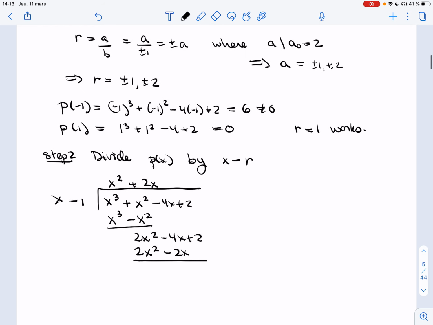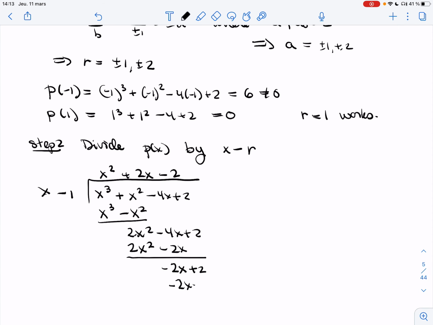I'm going to get minus 2x plus 2 left. I subtract minus 2x plus 2 and get a 0. So as predicted, it actually divides, and the remainder is 0. And so what we found is P of x equals x minus 1 times x squared plus 2x minus 2.